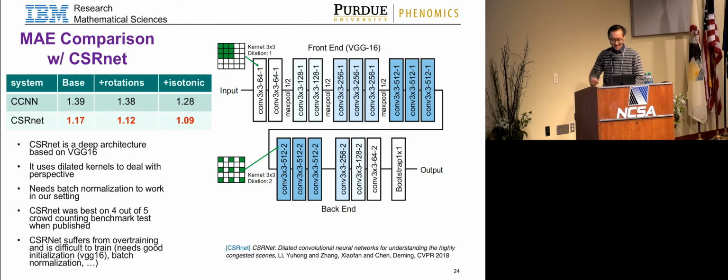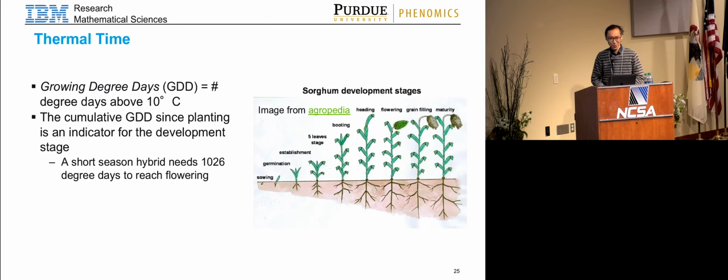Now, this is not the end of the story. The team didn't quit there. So the thermal time, I think you know all about this probably. Again, this is like preaching to the choir, but it's the summation of the degrees above 10 degrees Celsius.